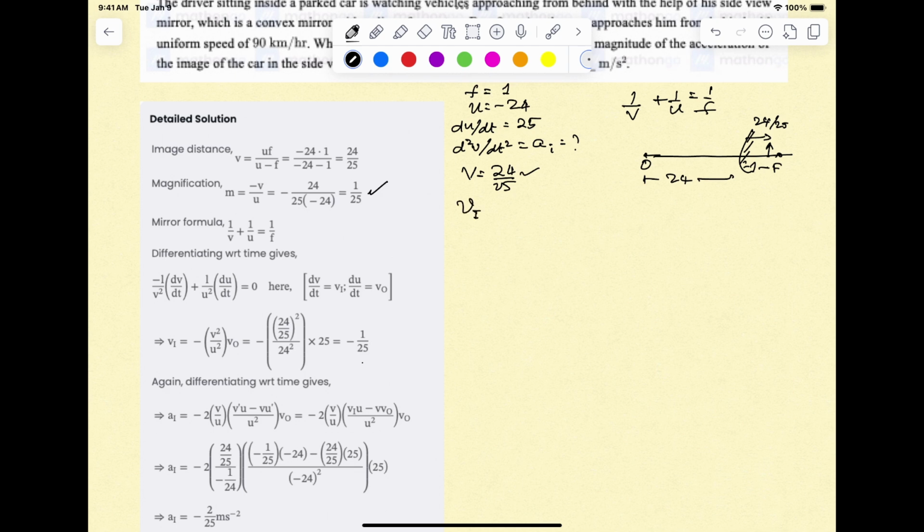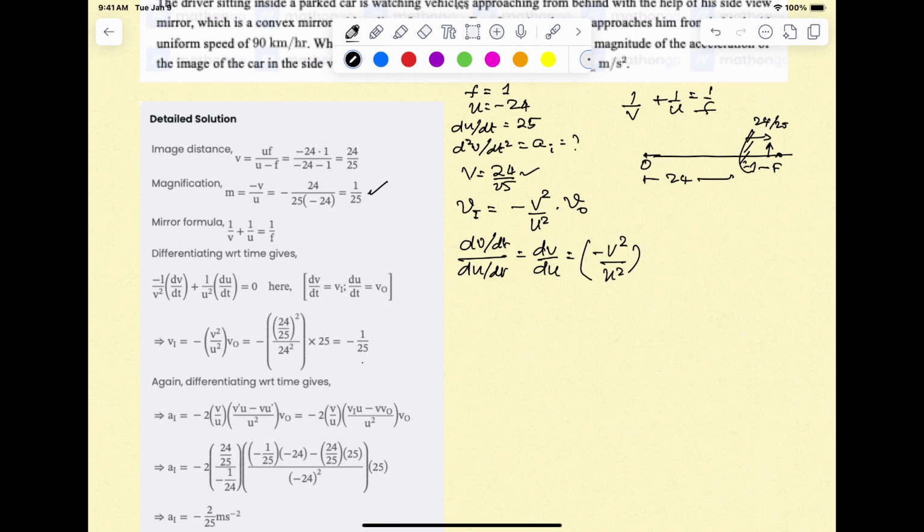The velocity of image is given by minus v squared by u squared times the velocity of object. This is a well-known result: dv by dt divided by du by dt, which is nothing but dv by du, gives you this very famous result, minus v squared by u squared.